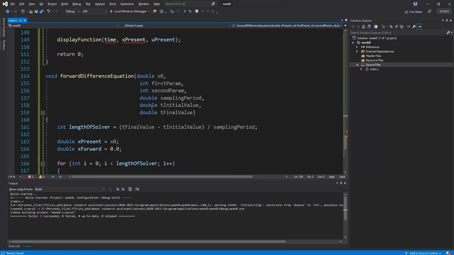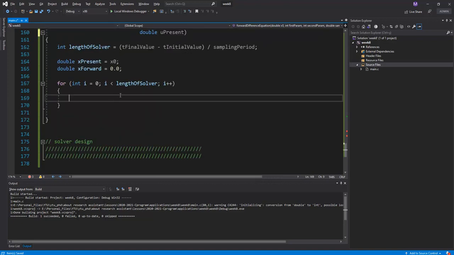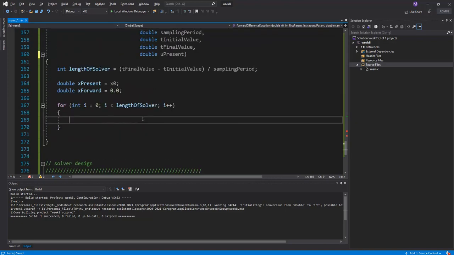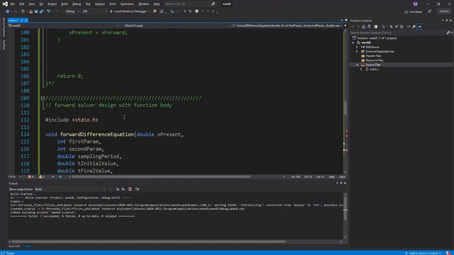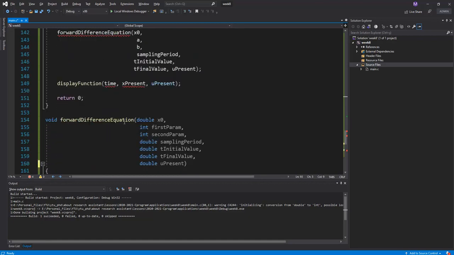And so if we are using these formats, the x forward value is equal to what? X present value plus these things, like this one.